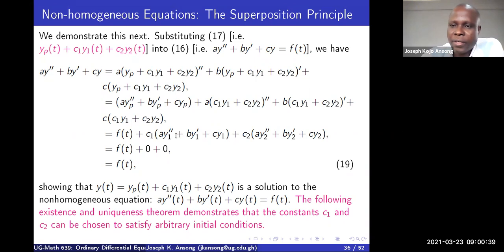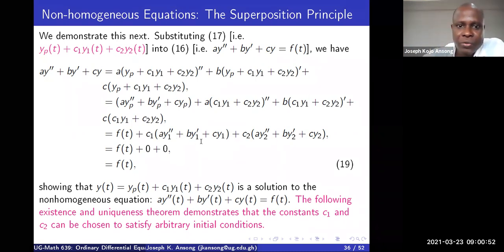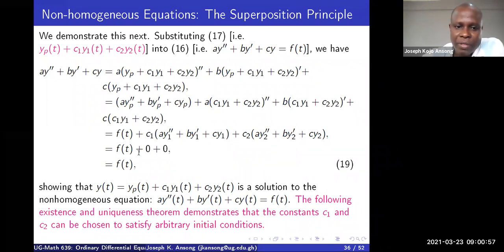Note that y1 is a solution to the homogeneous equation, and y2 is a solution to the associated homogeneous equation as well. Because they are solutions to the homogeneous equation, this has to be equal to 0, since the right-hand side of the homogeneous equation is 0. So this is 0, that is 0 as well. So I'm going to have f of t plus 0, which is just f of t. This goes to show that this expression y, the particular solution plus the complementary solution, is actually a solution to the non-homogeneous equation. So that's what we've just shown here.